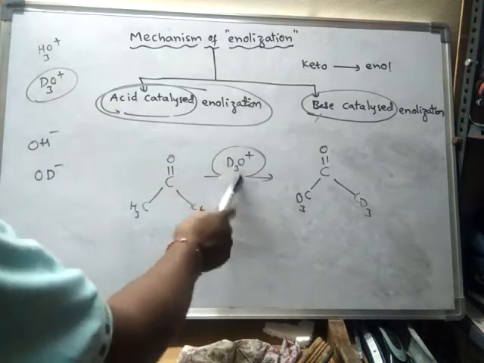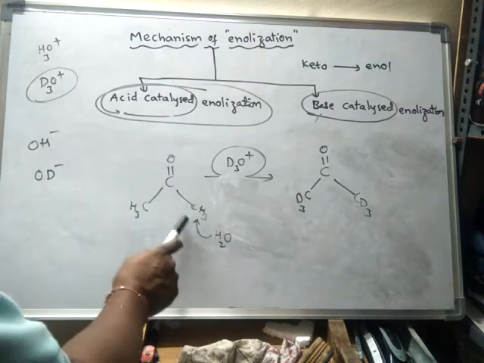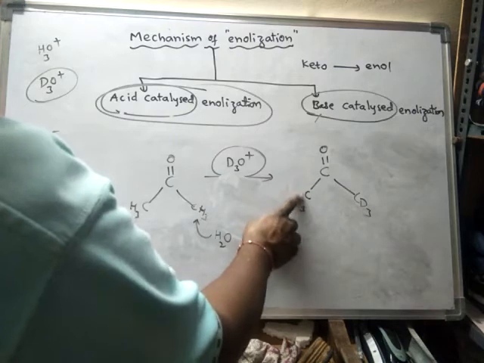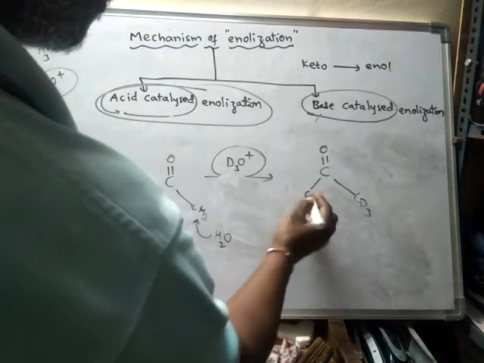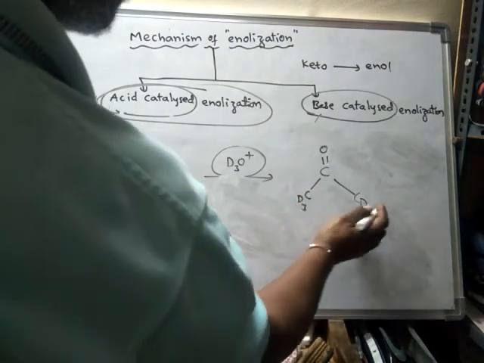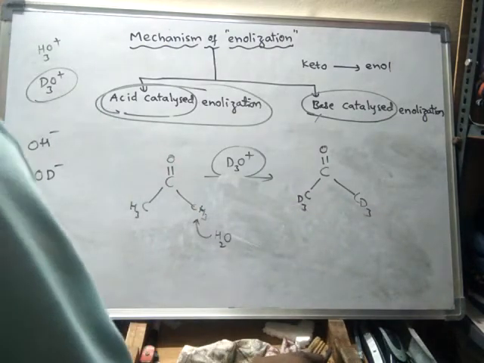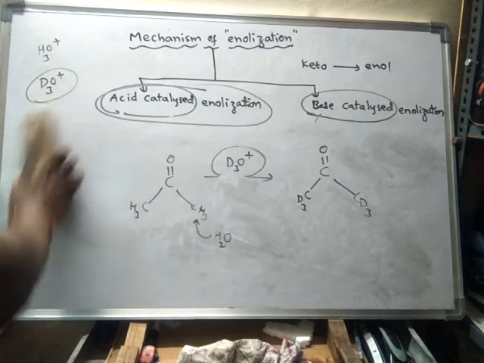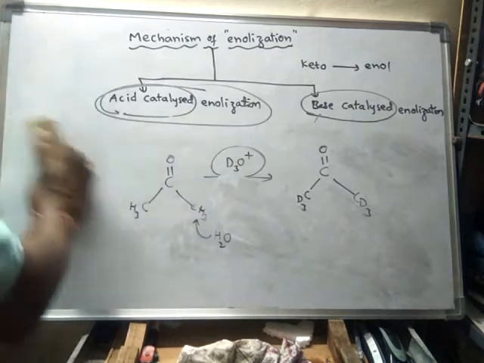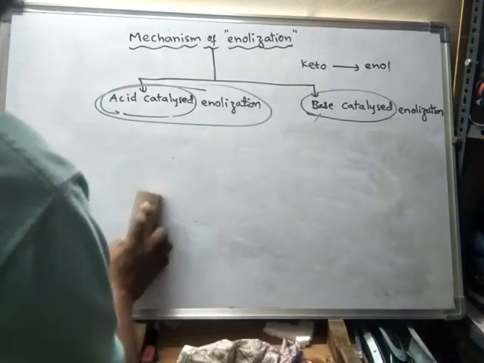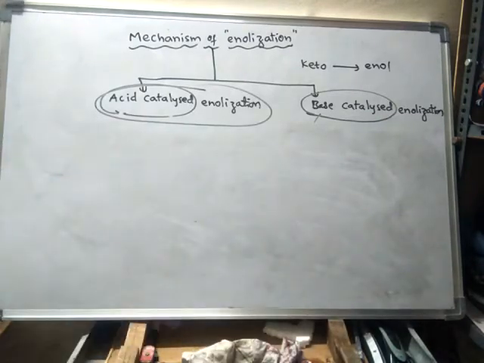In the presence of deuteronium, this compound will convert into CD3 instead of hydrogens. So you'll find deuterium atoms. Okay, right. So this is the mechanism of enolization. Acid catalyzed mechanism and base catalyzed mechanism also we learned.